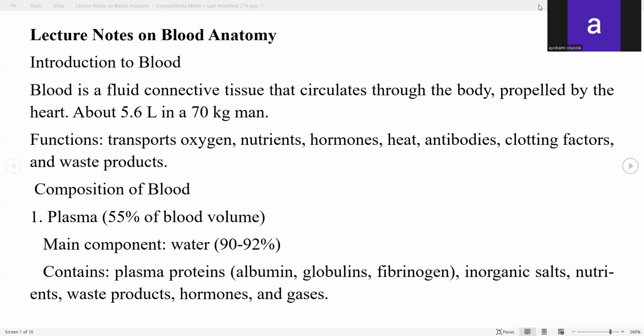And the plasma proteins that are present in the plasma include albumin, globulins, and fibrinogen. Then apart from the proteins, we also have inorganic salts, nutrients, waste products, hormones, and gases.